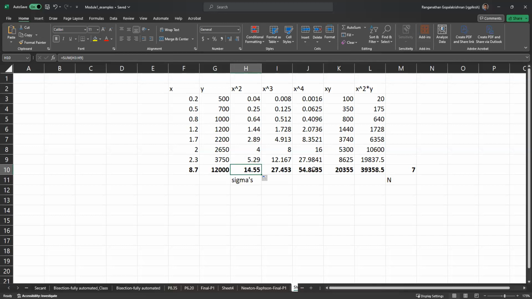What is sigma xy? 20,355 equal to a naught times sigma x, that is 8.7 a naught, plus sigma xi squared, 14.55 times a1, plus sigma xi cubed, that's 27.453 a2. So that's the second equation. I'll show you all the 3 equations shortly.